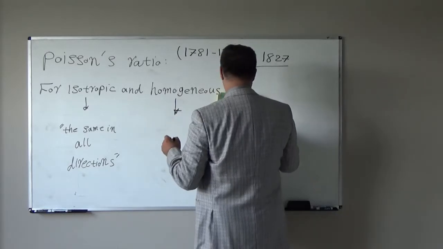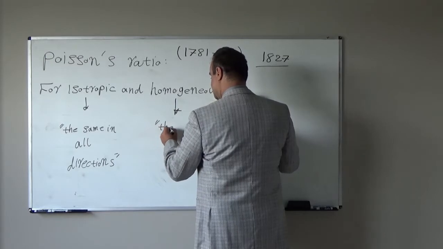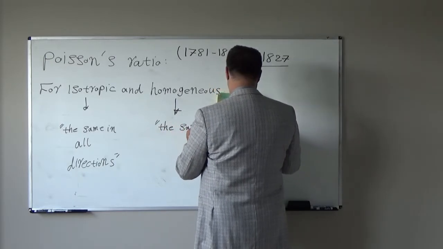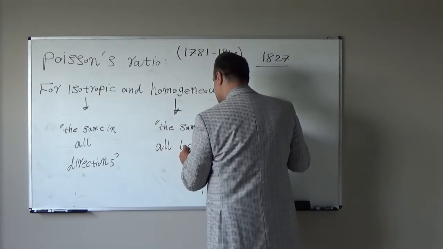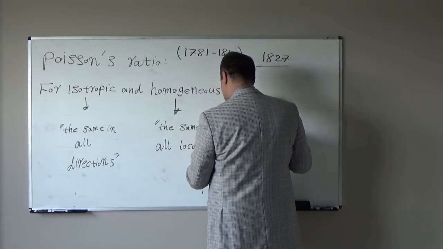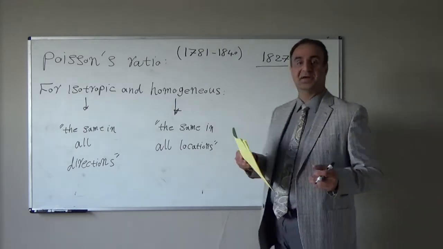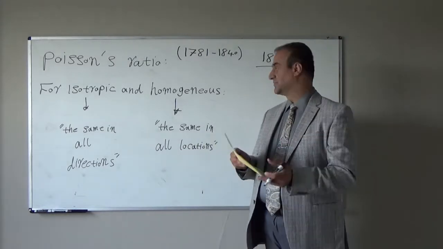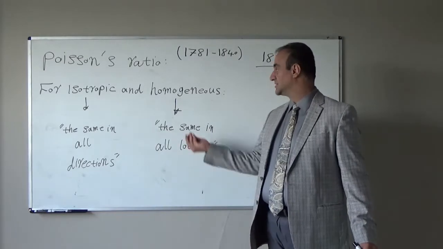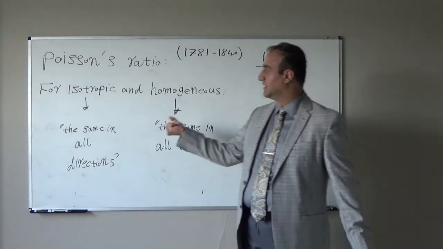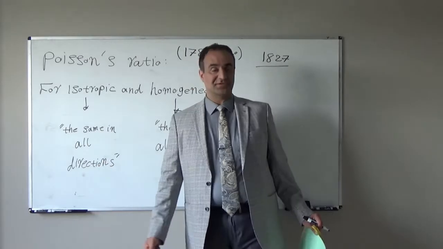Homogeneous means the material property is the same in all locations. So a uniform composition of material throughout the entire object, where the material property is the same in all locations, we call homogeneous material. Isotropic means the material property is the same in all directions.